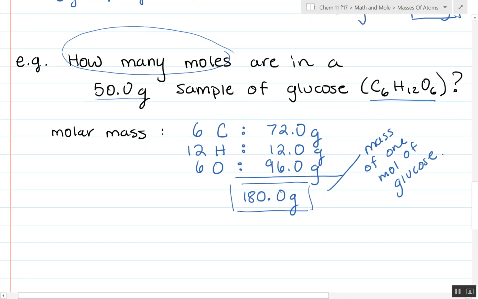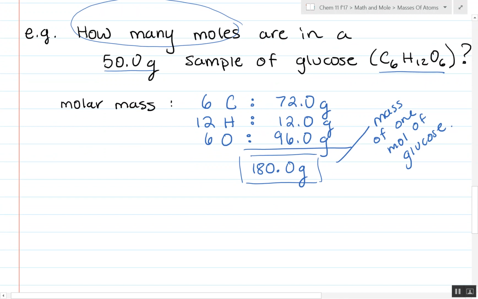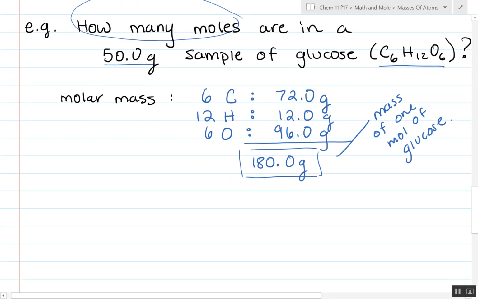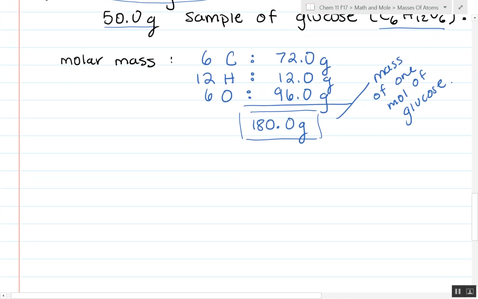So we can actually create a unitary rate from this. So let's do that. We can create 2 unitary rates. If we were looking for the amount of moles, then we could say it would be 1 mole of glucose divided by 180.0 grams of glucose.